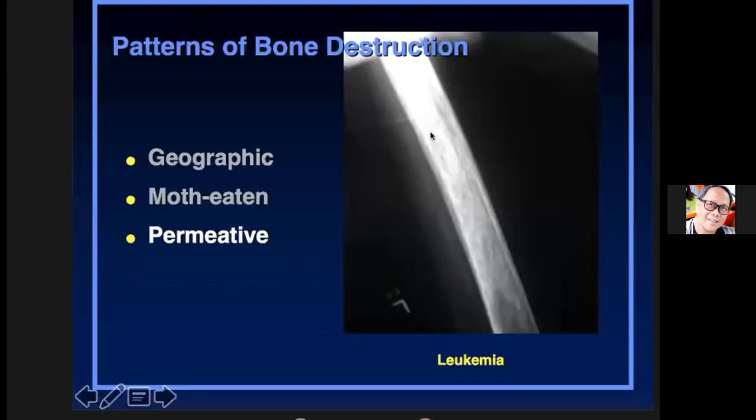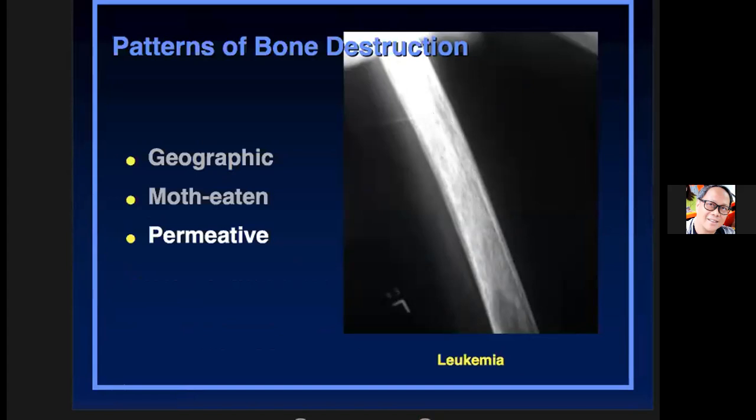So if you look at this example, this is leukemia, and you can see involvement of the medullary region, even the cortical region, no? And the involvement is very extensive, no? So if you ask me, how do you differentiate moth-eaten from permeative, no? There's actually a very thin line, no?